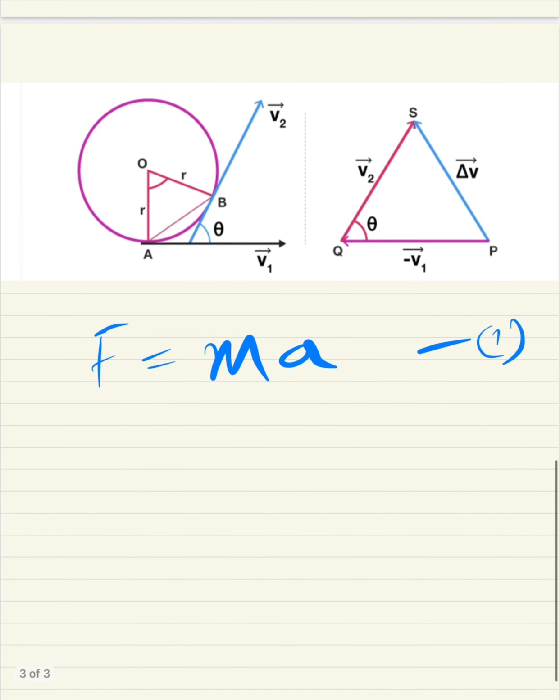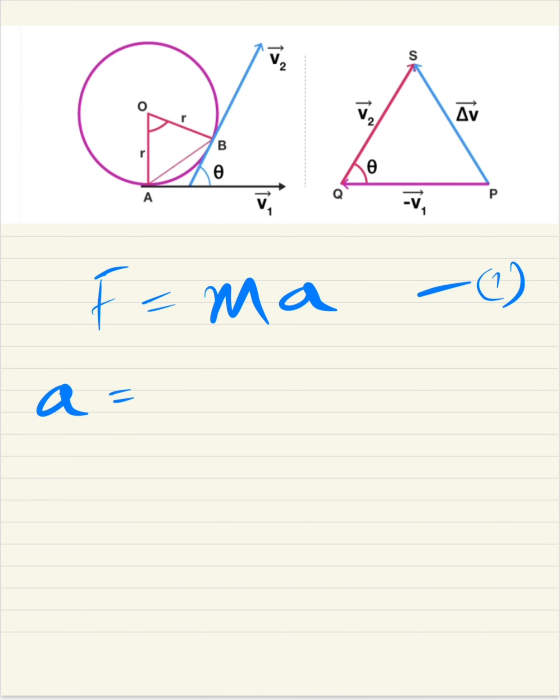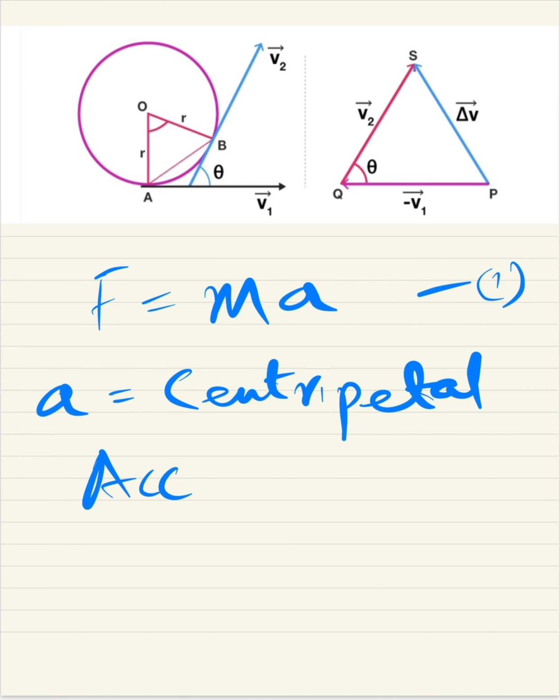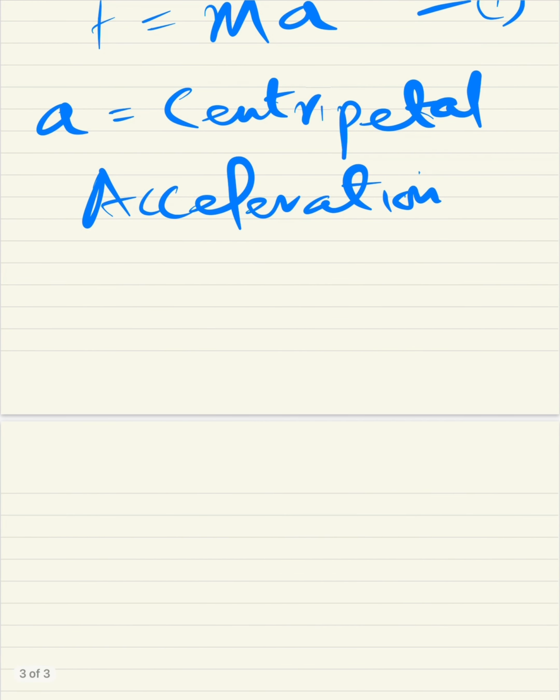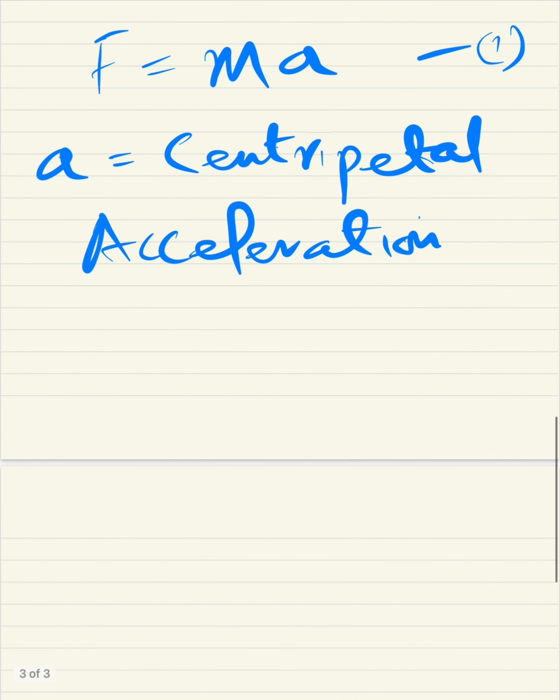We will first prove the a, which we are going to take here as the centripetal acceleration. Once we are able to prove that a as the centripetal acceleration, then we can quickly go ahead to substitute that a into this place, and we'll be able to get what the centripetal force will look like.